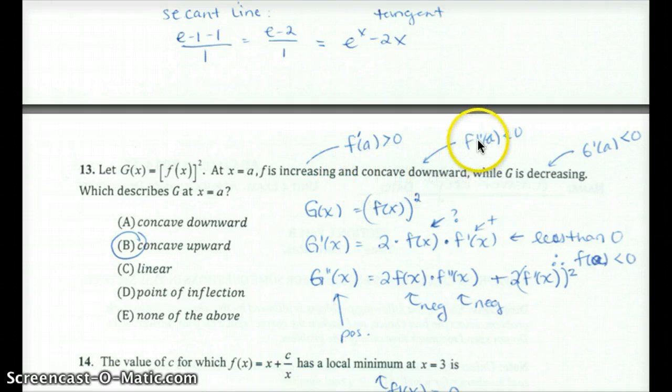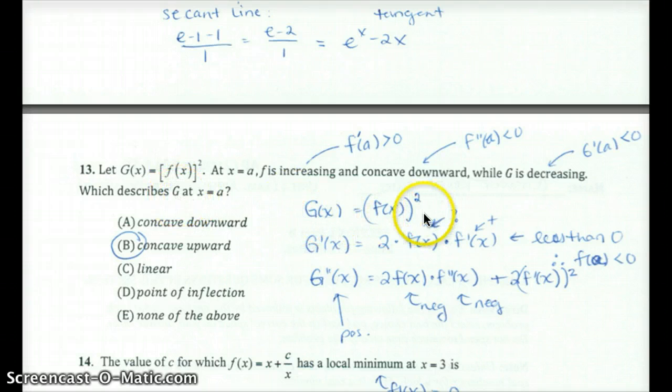Of course, that means the second derivative is negative, while g is decreasing, which means that at that point, g prime, the derivative of it, is negative. And then it asks you what describes g at a. Well, obviously we know it's decreasing, but now they're asking about concavity in addition to decreasing. So we need to know something about the second derivative of g.